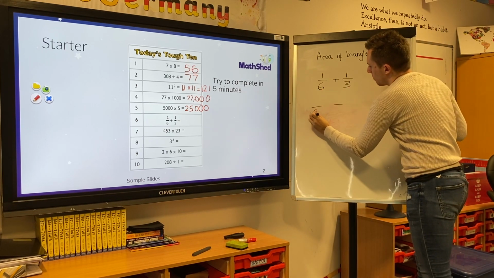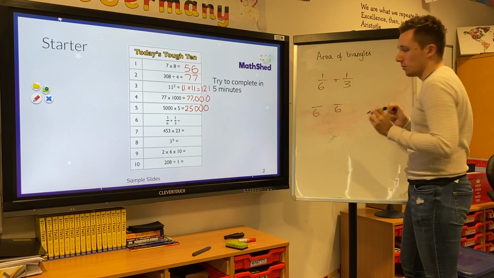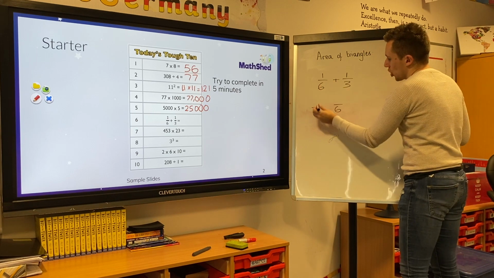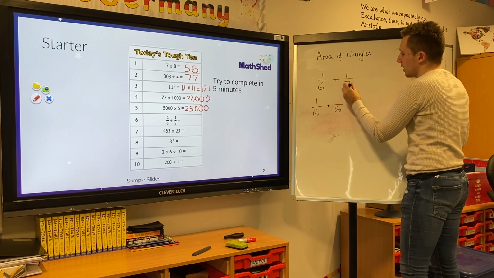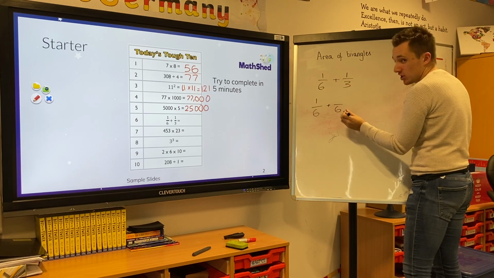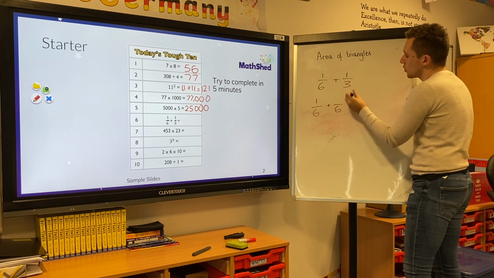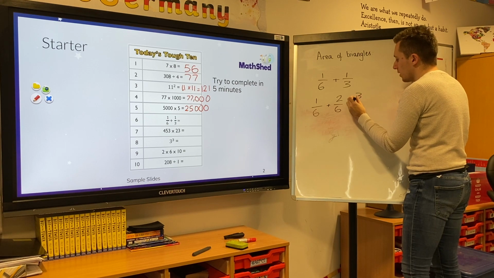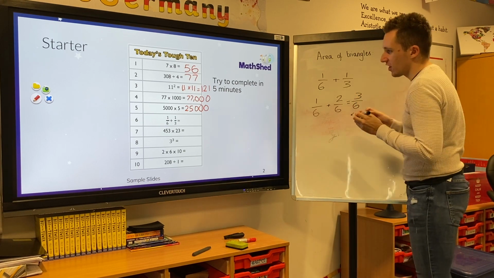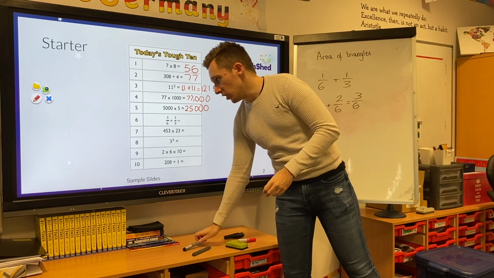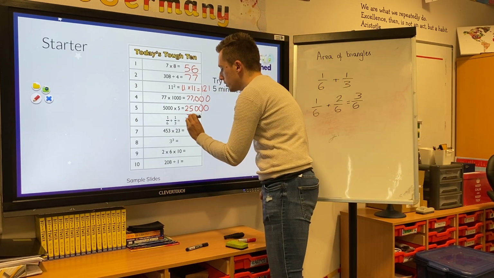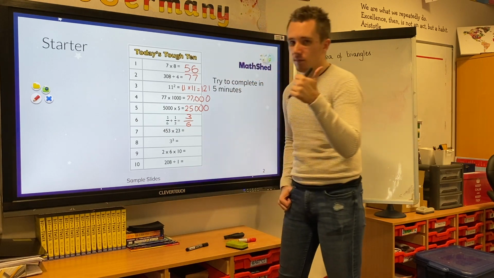So we can make them both have a denominator of 6. We haven't changed this one. How do we get from 3 to 6? We times it by 2. What we do to the bottom, we do to the top. Now we can add them together. 3 over 6. Some of you may look at that and think, I can simplify it. And you're right, it would simplify to a half. But 3 over 6 is perfectly fine.